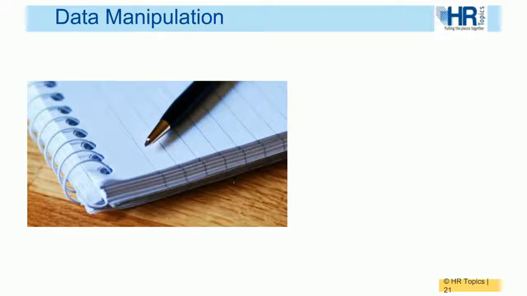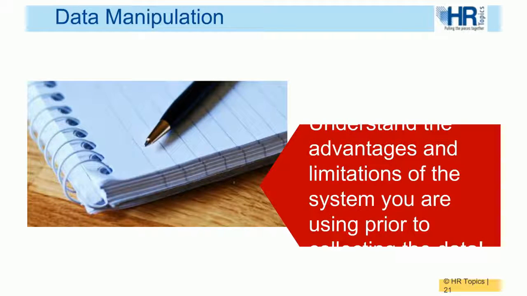Let's talk a bit about data manipulation, because it is important that you understand both the advantages and limitations of the system you are using. You often will need to combine columns to do calculations, something like the paid time off example, something like the example I gave earlier about unemployment.